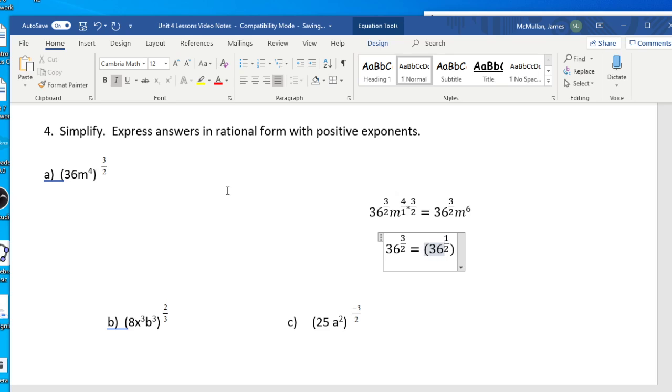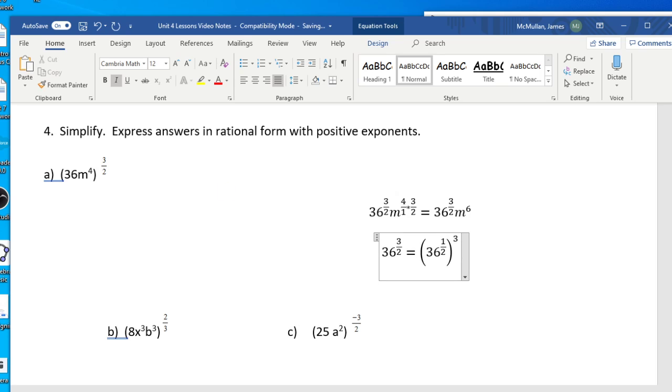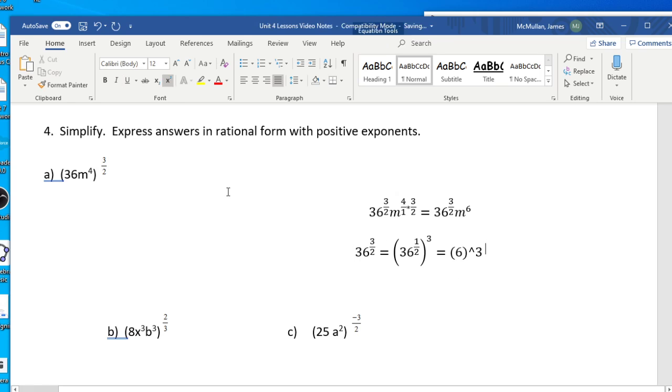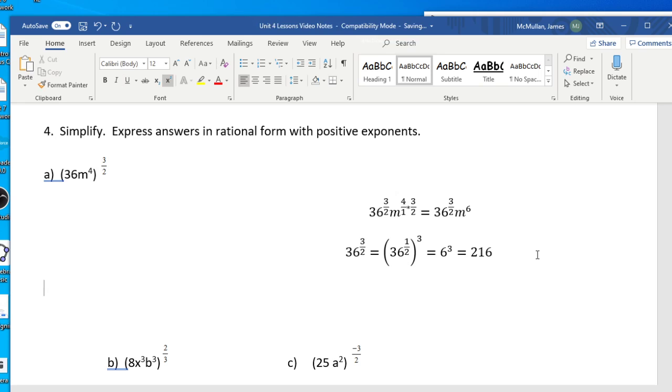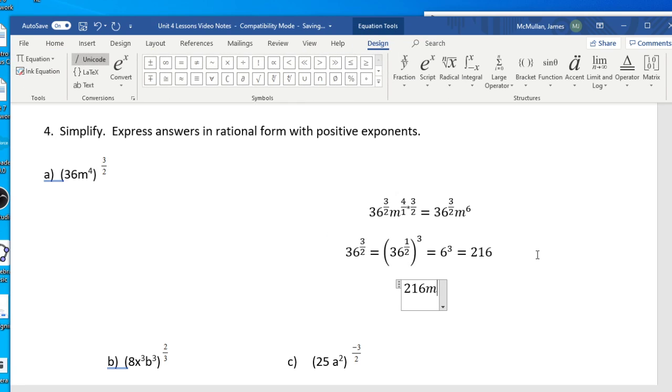Now, why would I want to do this? 36 to the power of 1 half is just 6, because remember, 1 half is a square root. So we end up here with just 6 to the power of 3, which is 216. So as a final answer here, you get 216 m to the power of 6. That is the simplified version of this.